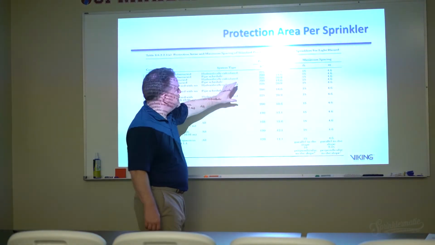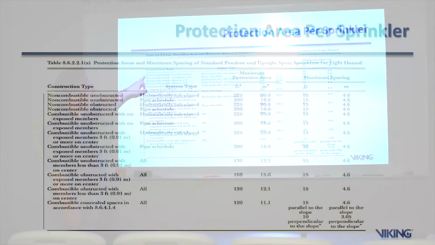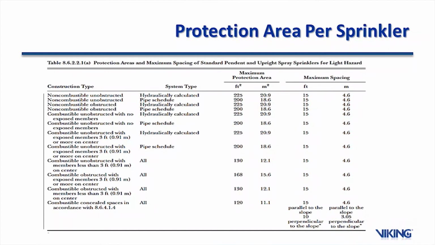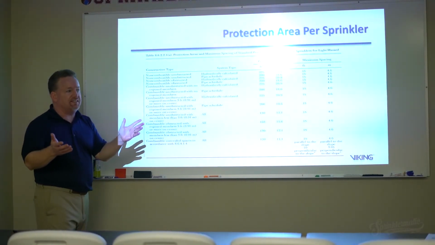In certain areas, non-combustible, unobstructed construction, you can go up to 225 square feet, whereas combustible concealed spaces in all areas, you're down to 120 square feet. Or combustible obstructed members, this is not concealed, less than 3 feet on center, you're down to 130. So you can be between 225 and 130 just on the listing.